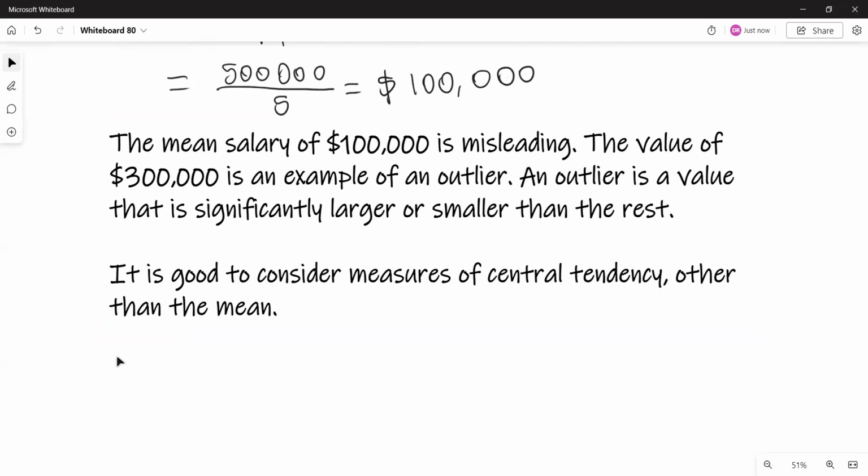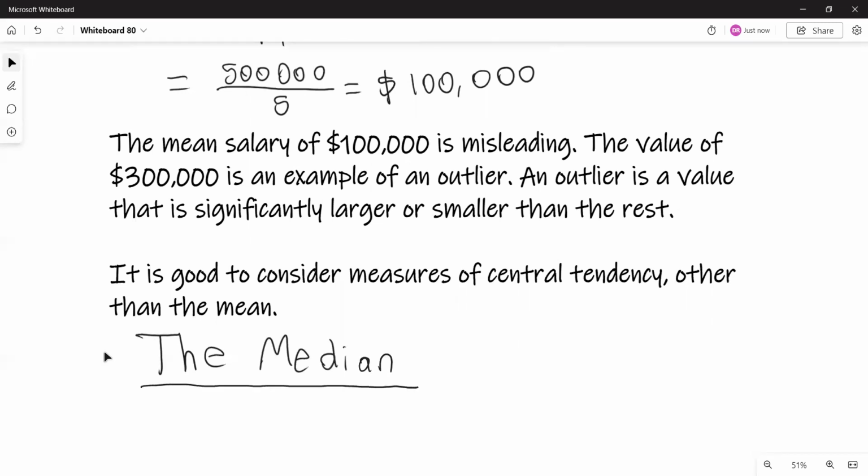We need to consider other things. The next measure of center is the median. So if you have a set of values or a frequency distribution, it's good to consider both, not rely only on one, but to consider both measures of center. And the median is going to be the value in the middle. That's it.